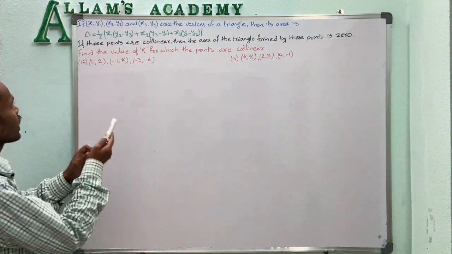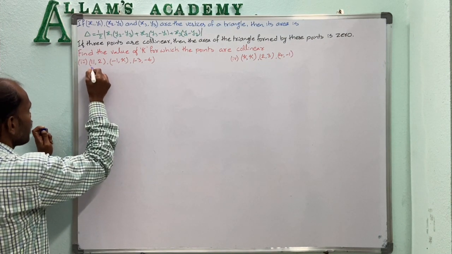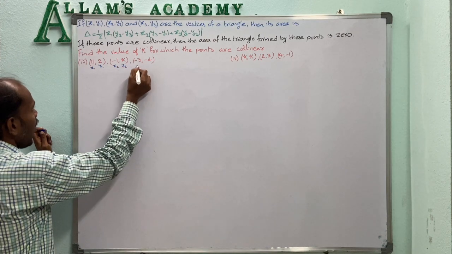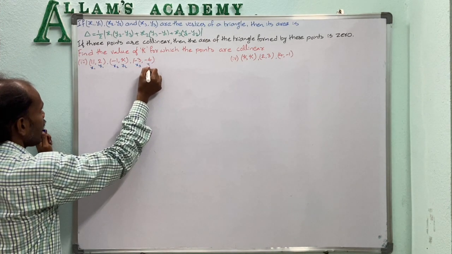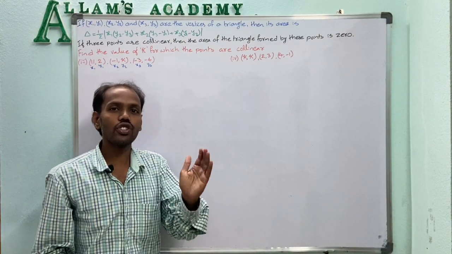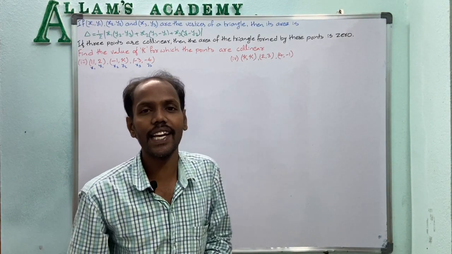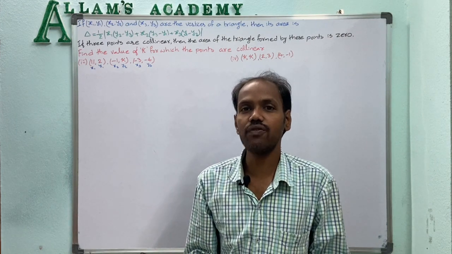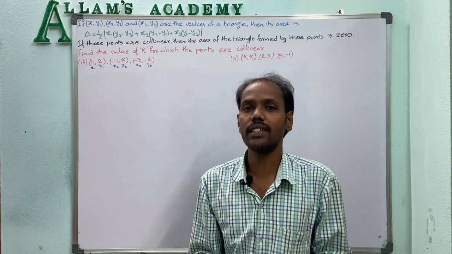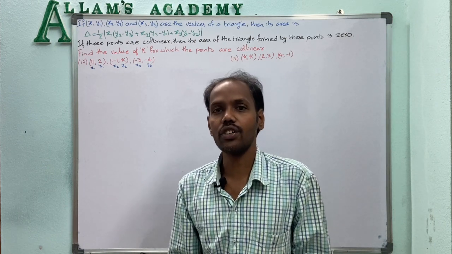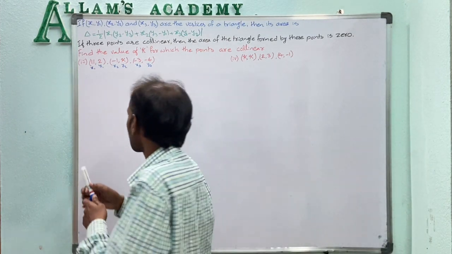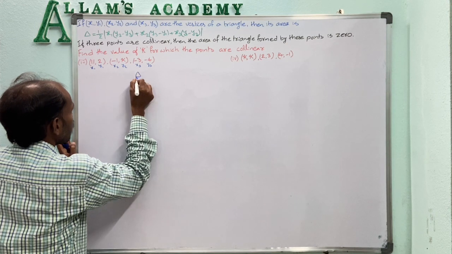So if the coordinates (11, 2) are x1, y1, and (-1, k) are x2, y2, and (-3, -4) are x3, y3, then the area of the triangle formed by these points, delta, is equal to half mod x1 into (y2 minus y3) plus x2 into (y3 minus y1) plus x3 into (y1 minus y2). So here that area is nothing but 0. So delta is equal to 0.